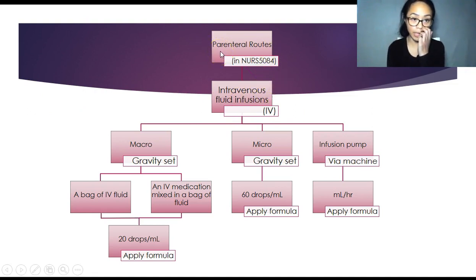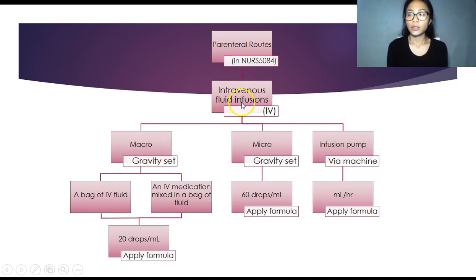Next week we're looking at another couple of routes of parenteral administration, and that is IM and subcut injections. Parenteral refers to the administration of medications that aren't through the gastrointestinal tract, and because it's IV, intramuscular, and subcutaneous, they do involve the piercing of skin to get into body tissues.